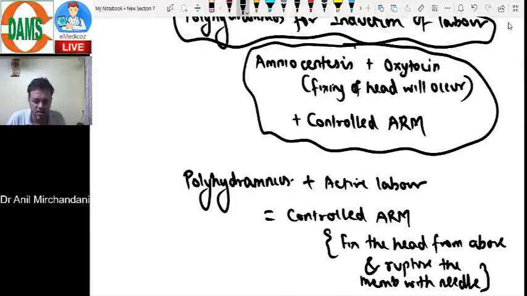Rupture the membranes with the needle. So some assistant would fix the head from above. Once the head is fixed, you can rupture the membranes with the help of a needle, and gradually, slowly the fluid will come out. Once the fluid comes out slowly, the head will get engaged, and then there will be less chance of cord prolapse. So this is for polyhydramnios plus active labor.